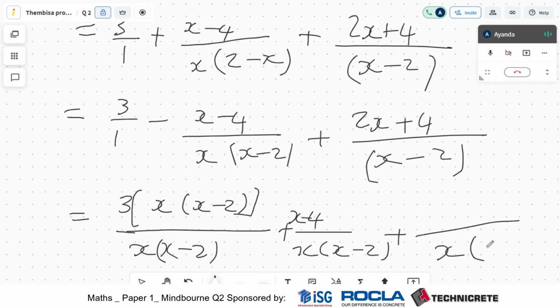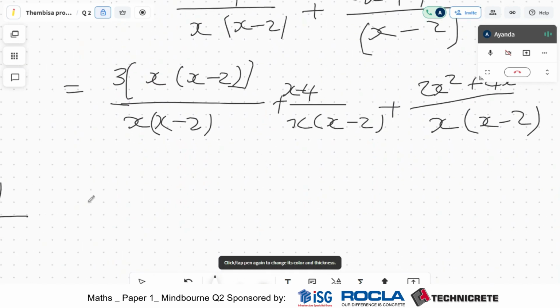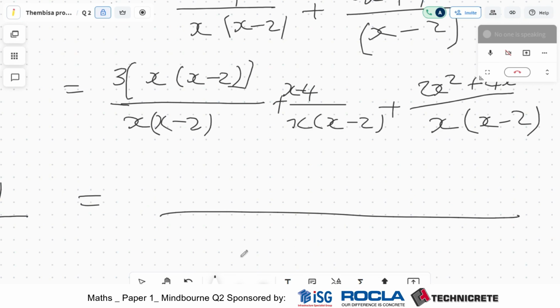So to get x times x minus 2, we'd have to multiply the numerator and the denominator by x. So x times 2x plus 4 would give us 2x squared plus 4x. Now we can put everything under one denominator, which would be x times x minus 2.